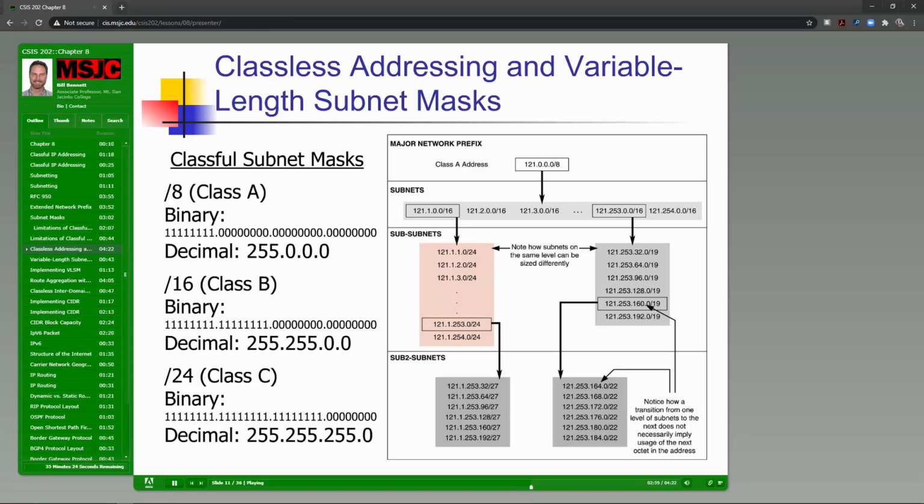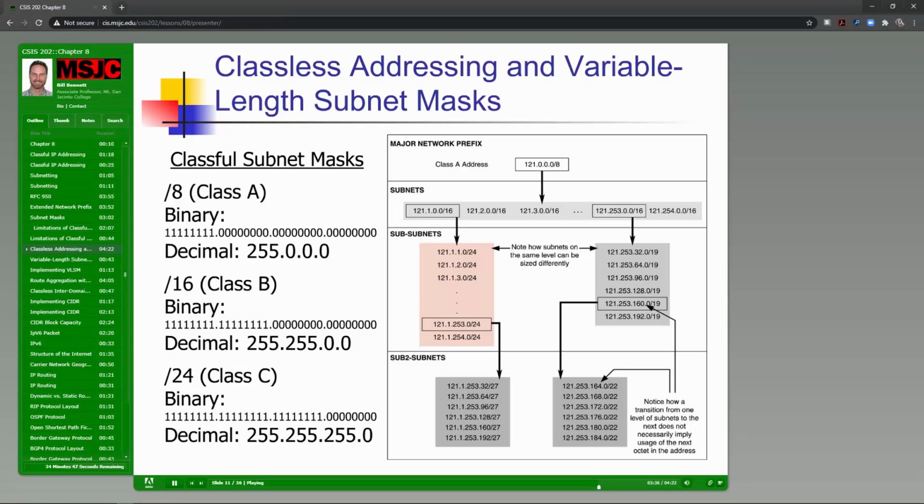And you'll have the .32 subnet, the .64 subnet, the .96, 128, 160, all the way up to 192. And now if you go down to the very bottom row where it says the sub2 subnets, you'll see that for the left-hand subnet, because this is a hierarchical structure that we have now, on that 121.1.253 subnetwork, they've added some more bits into the mask, and now they're actually subdividing it so that, again, there's an additional 3 bits added there, right?